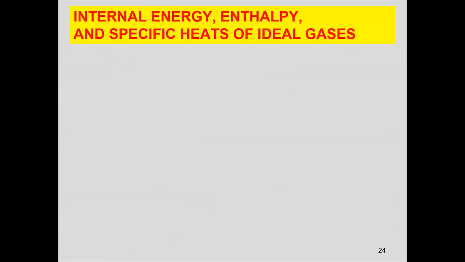So moving on, now you have to relate the internal energy, enthalpy and specific heats of ideal gases. I'll not go into the details of this, but Joule showed that internal energy for an ideal gas is only a function of the temperature.